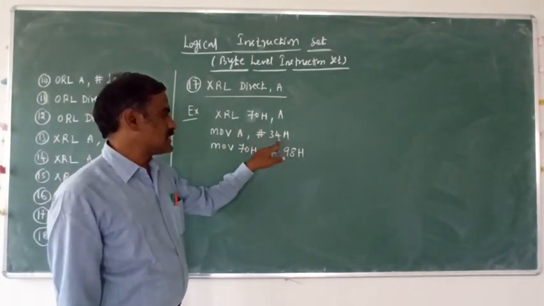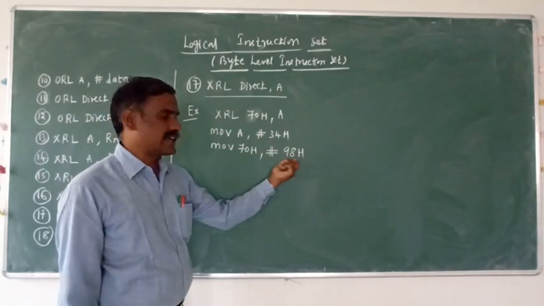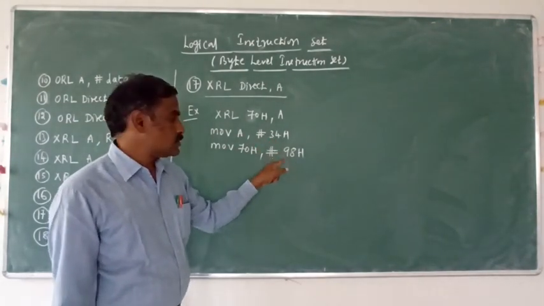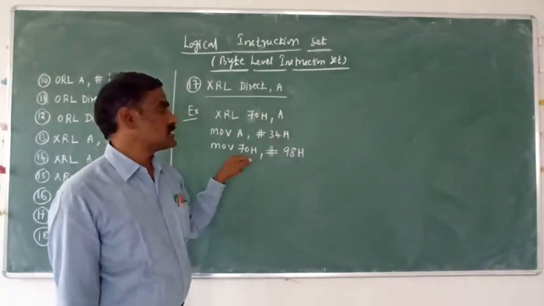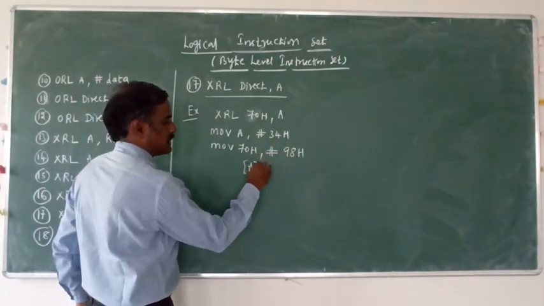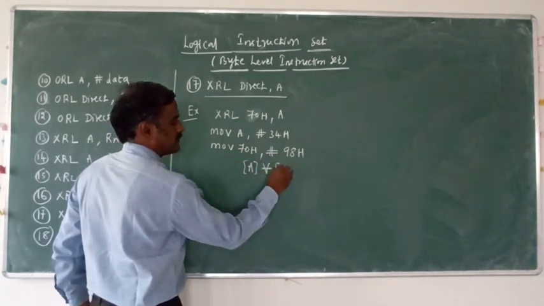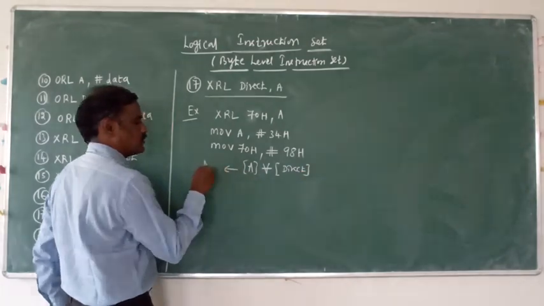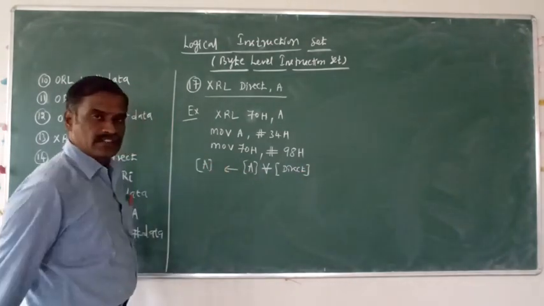Now A has 34 and the memory address location has data 98. Now logically exclusive OR these two data and move the result to the accumulator, that is, A exclusive OR with the direct address location, and the result moves to the A register itself.